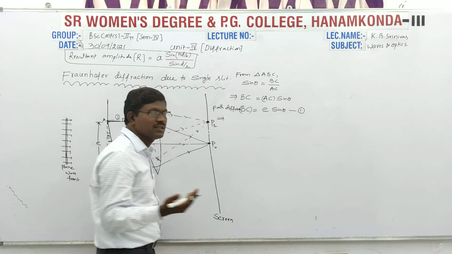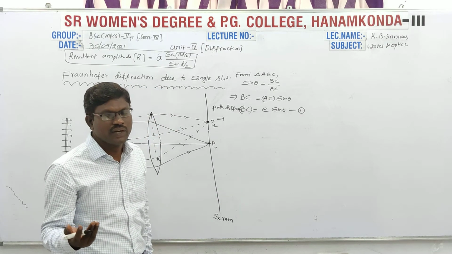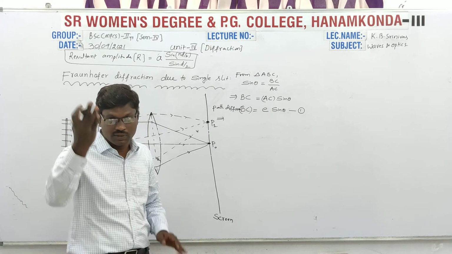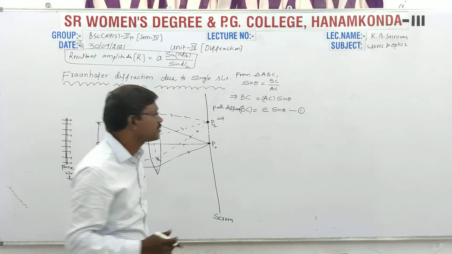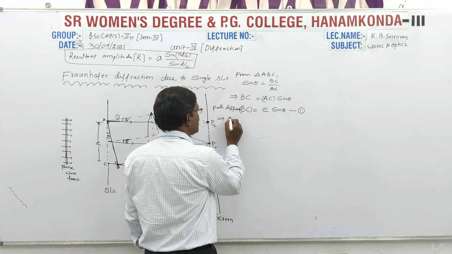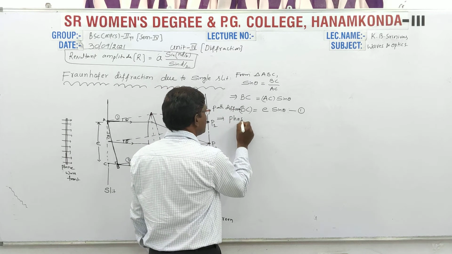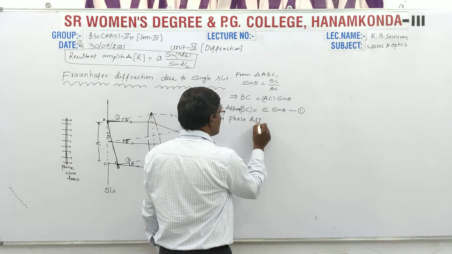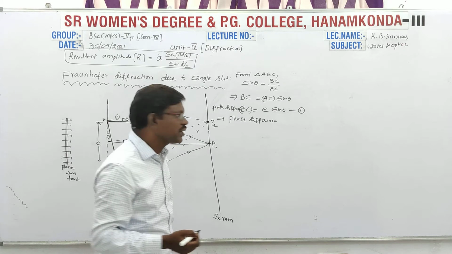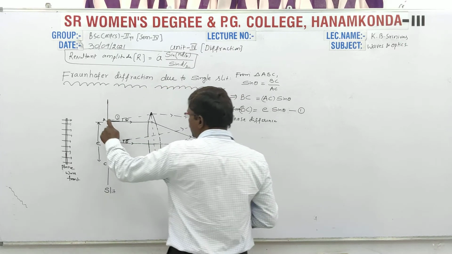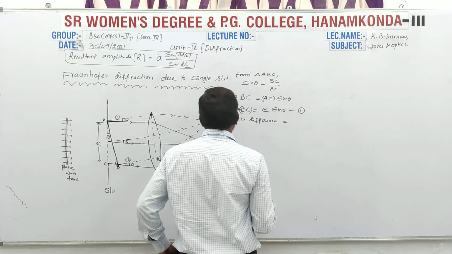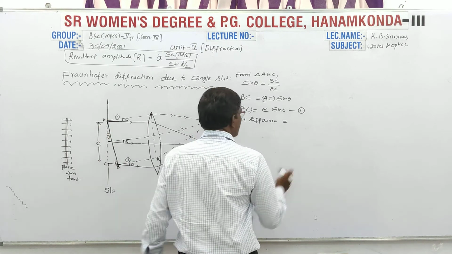Already we have discussed the relation between phase difference and path difference during the interference unit. What is the relation between path difference and phase difference? So the phase difference between the 2 rays coming from A and C, that is the total phase difference between these 2 rays I want to calculate.